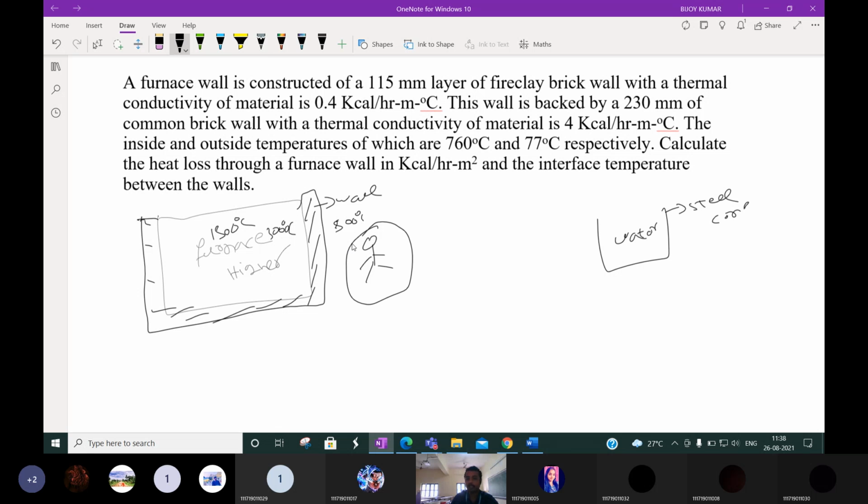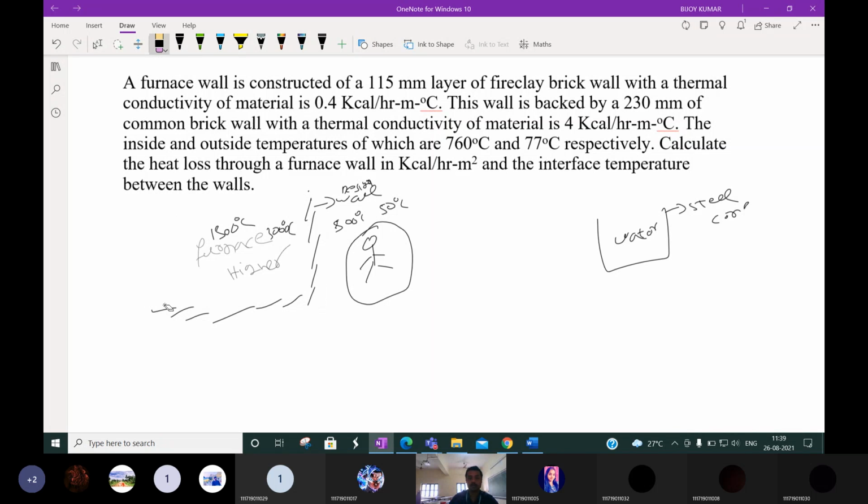No. So what we have to do is design the wall by keeping the idea of heat transfer in mind. The inside temperature will be 3000, but the outside temperature should be nearly 50 degrees centigrade. What should be the design of this wall for that purpose? That we will study in the heat transfer subject.